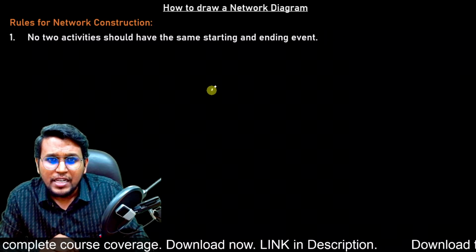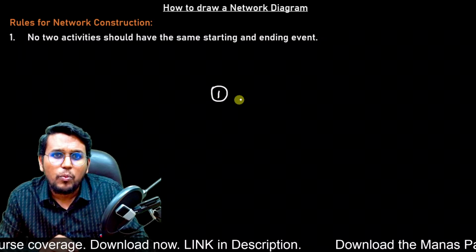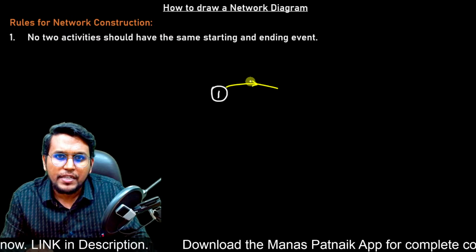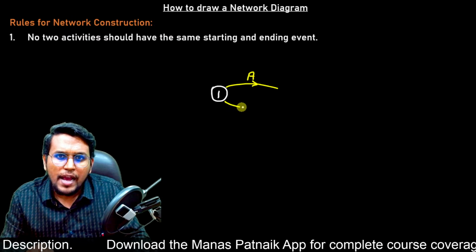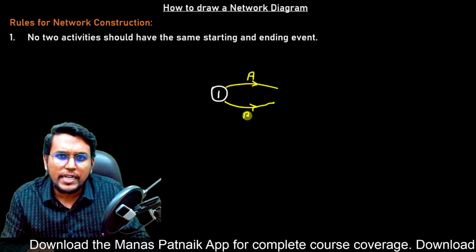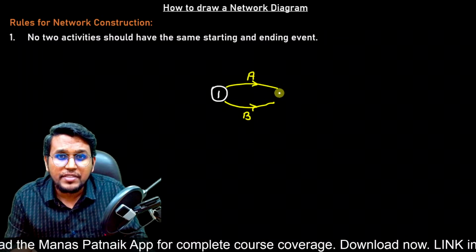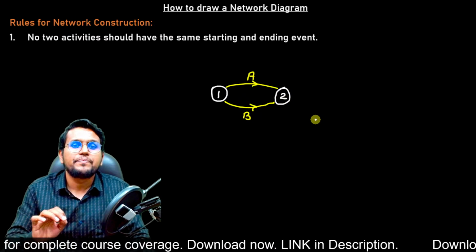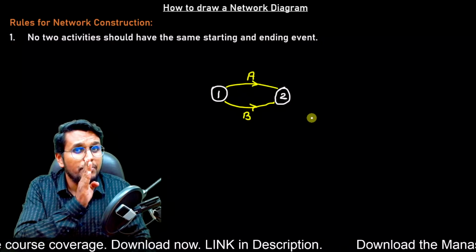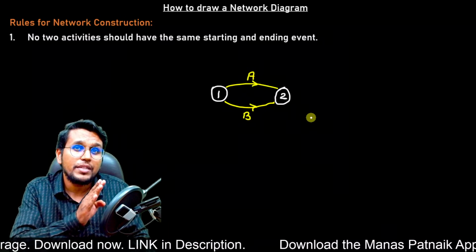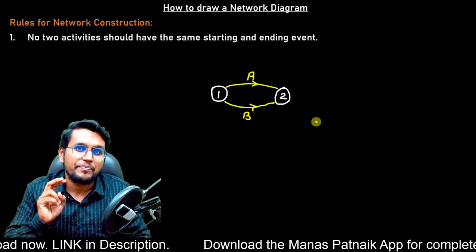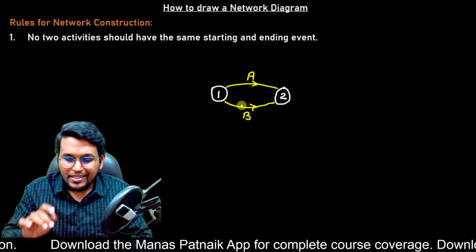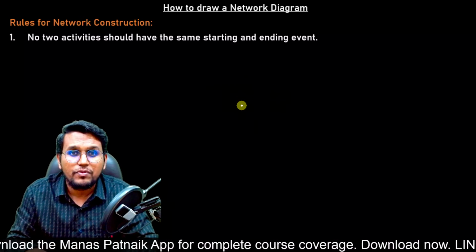It is saying that if there is event 1, then no two activities, let us name them activity A and B, can have the same starting and same finishing events. So they cannot start from event 1 and end on event 2 together. One has to be different. So this is the first rule that we are going to follow.